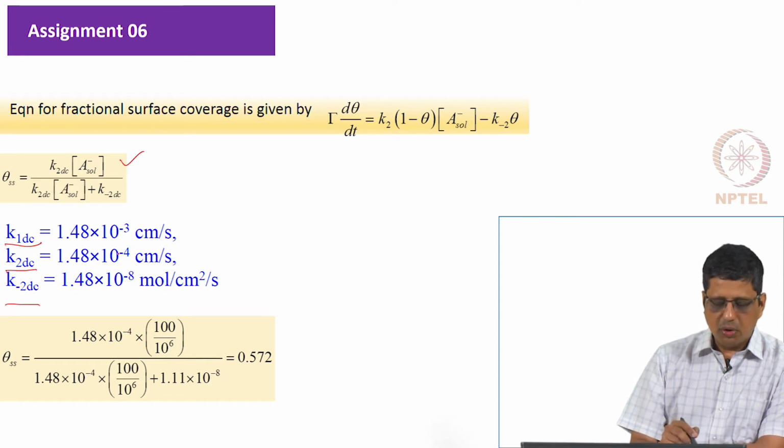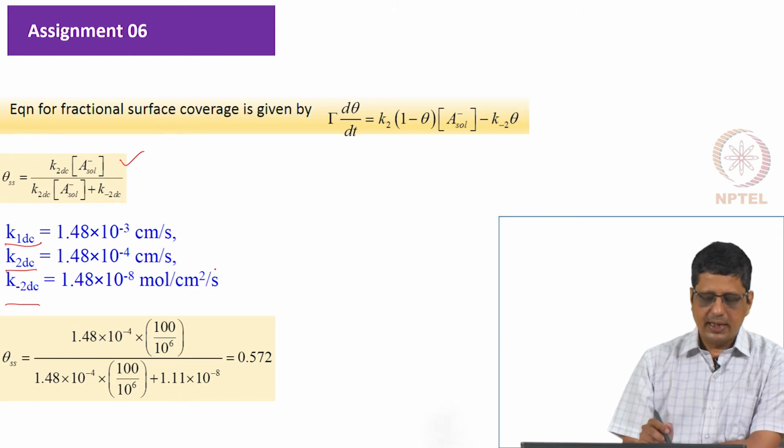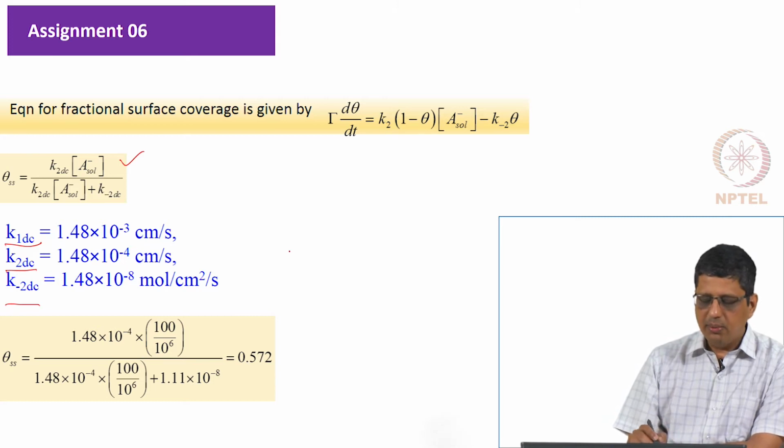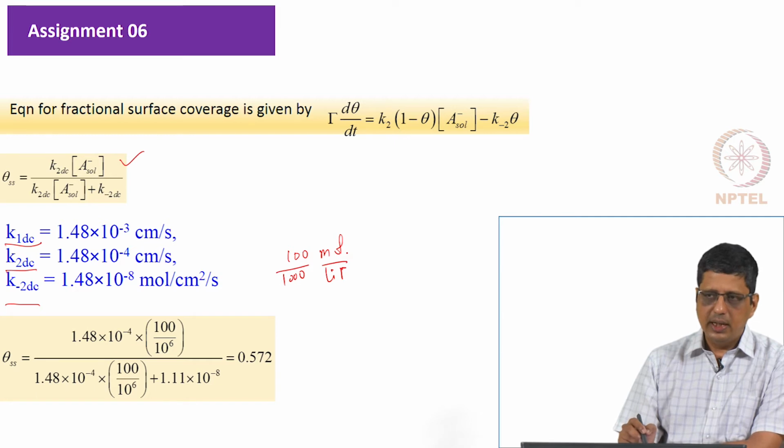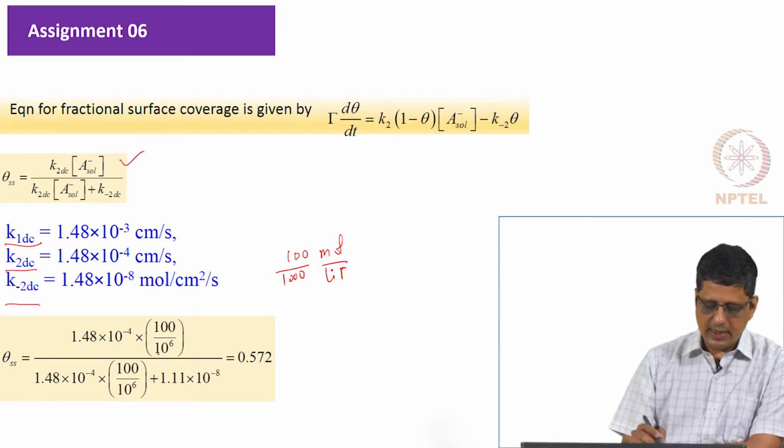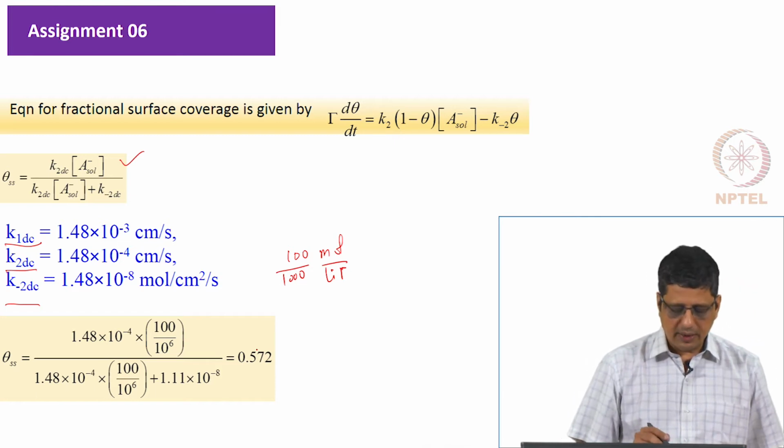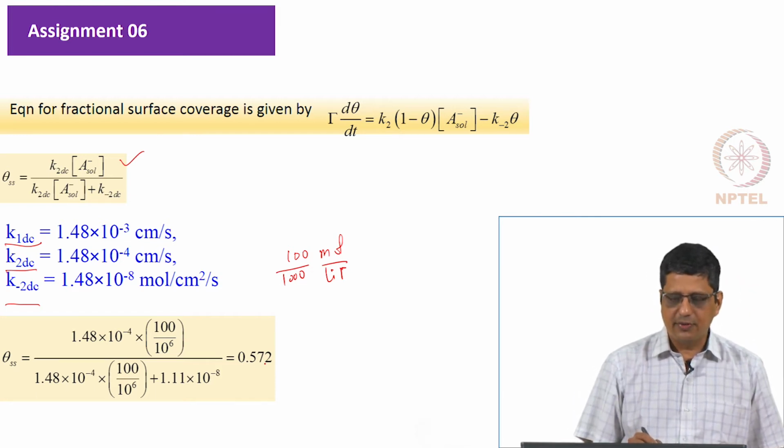K2 is also 1.48, but it is 10 power minus 4 centimeters per second, and K minus 2 is 1.48 10 power minus 8 moles per centimeter square per second. Note the units carefully, and we have 100 millimolar, that is 100, and we also remember 1 mole per liter is 0.001 moles per centimeter cube. So, accounting for this, you can substitute in this expression and you can get a value of close to 0.572.